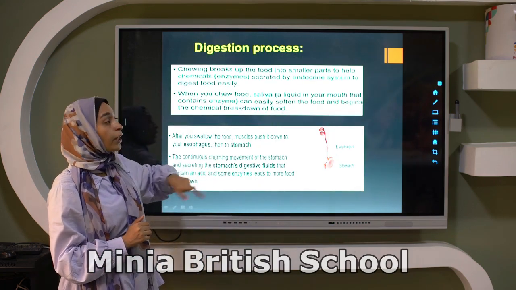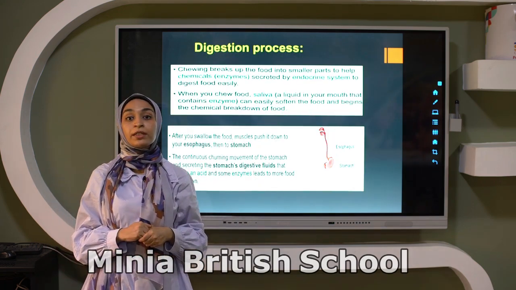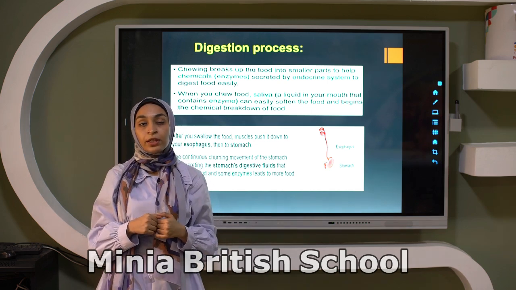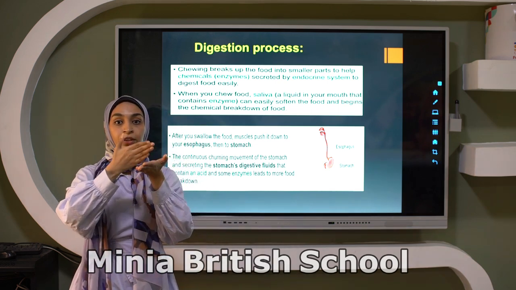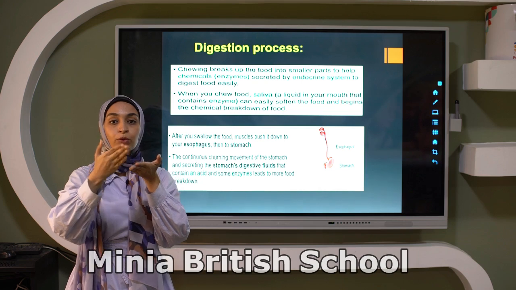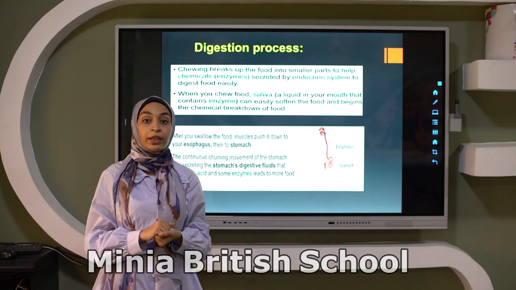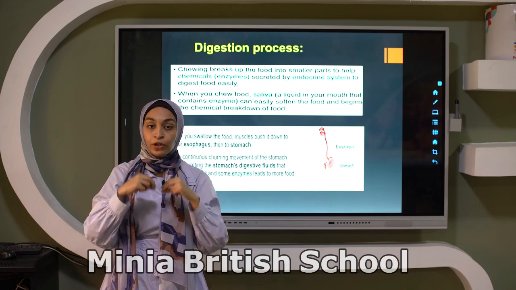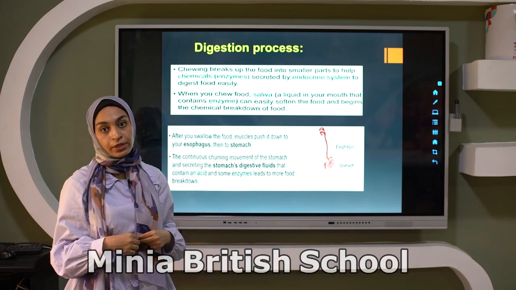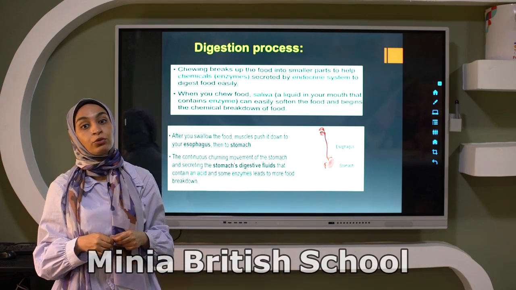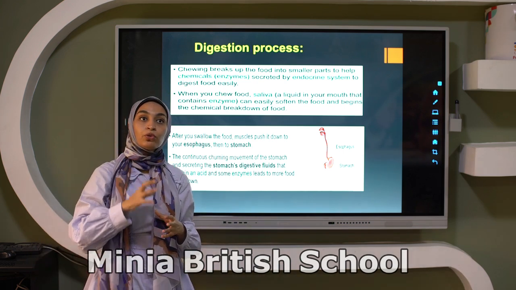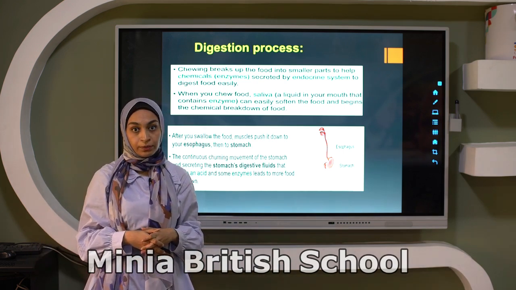Let's start. The digestion process begins inside our mouth when the jaw muscles start to cut the food into small pieces, then grind it with the help of the molars. And here the function of the saliva appears, by the help of the endocrine system, that softens the food for more breaking down of it.